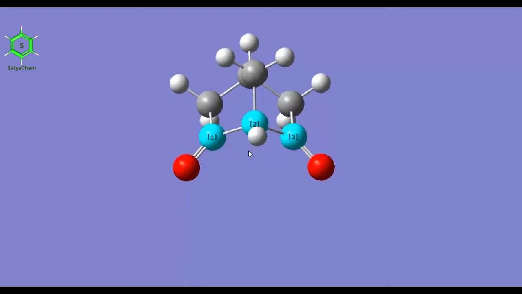So for this compound the enol content is zero; the enol form is not possible. And this concept is very unique: a bridgehead double bond is not possible. Number 6 exam point.